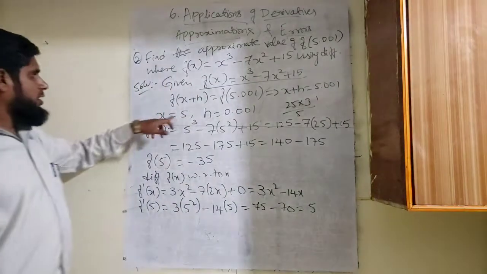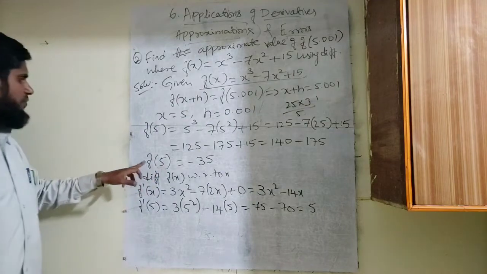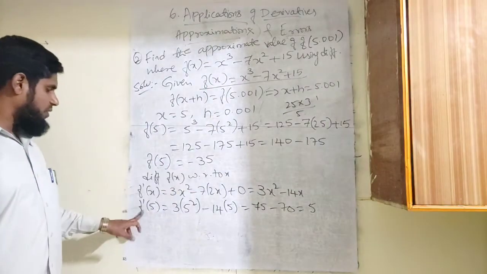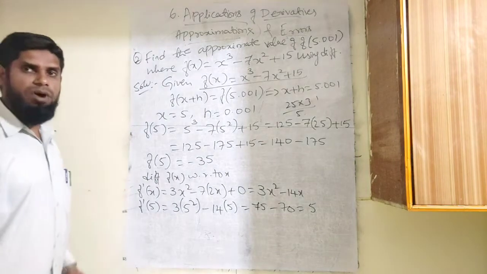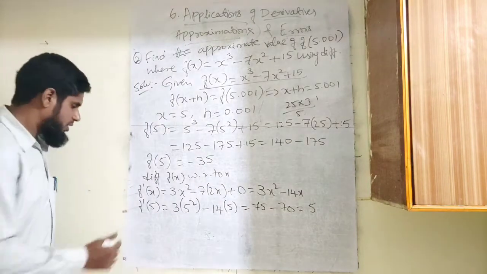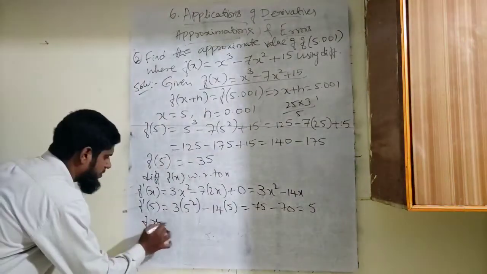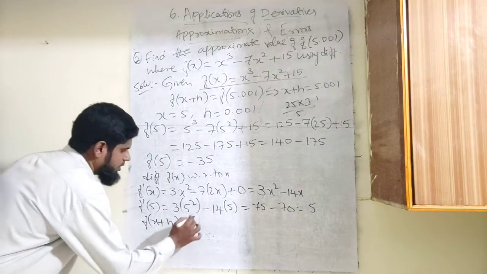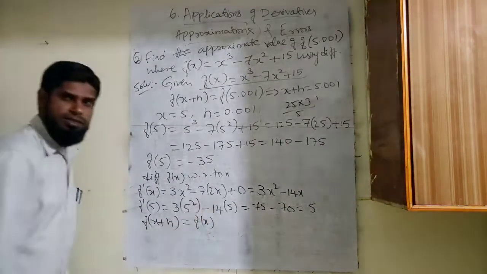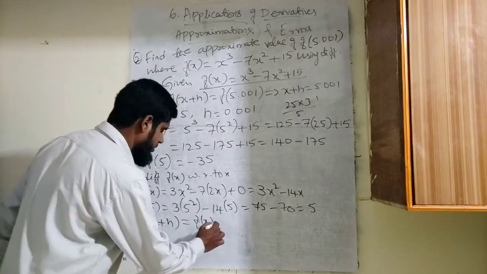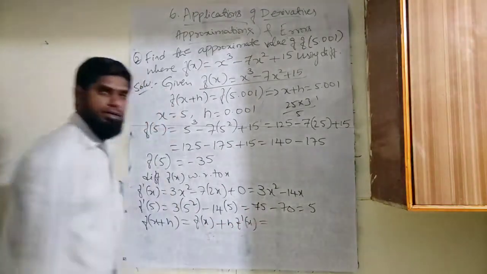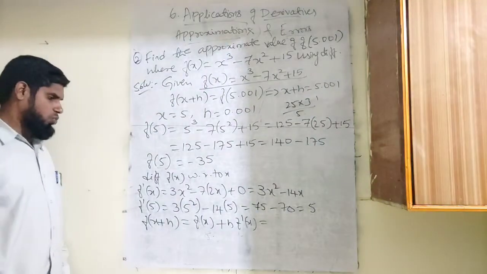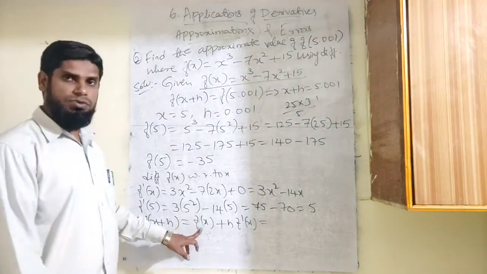I know x, I know h, I know f of 5 as well as f dash of 5. Now let us substitute everything in the formula. What does the formula say? f of x plus h is equal to f of x plus h into f dash of x. This is equal to, what is f of x at x is equal to 5?